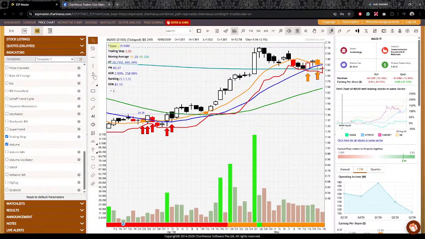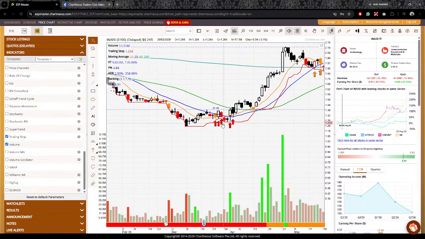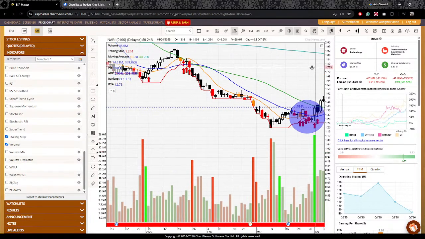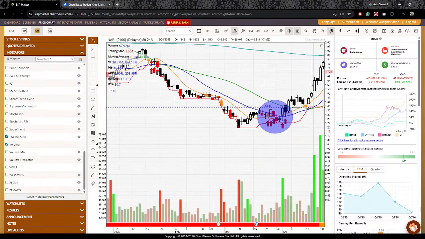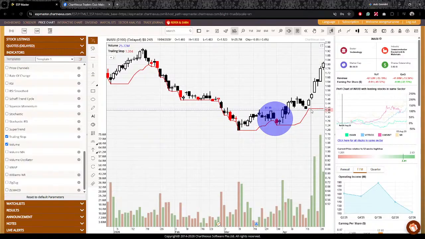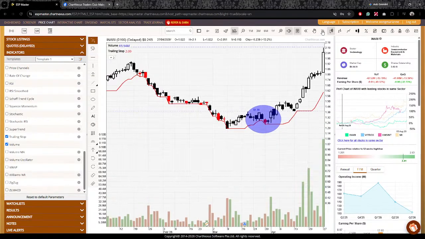Inari here got the signal. Let me highlight. Imagine you were here at this point, and you continue to hold higher and higher. Then you see the red line. You follow the red line, going higher and higher.